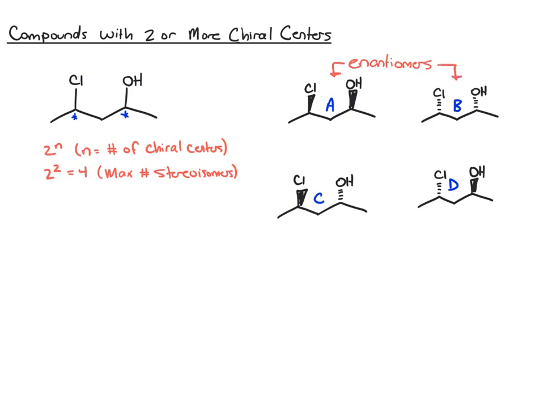Right? And the same thing for C and D. In C, if this chiral center gets inverted and this chiral center gets inverted, we have another pair of enantiomers.